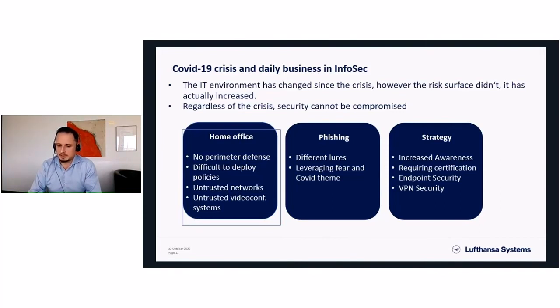And what is the other issue associated with the awareness is, now when we lost the perimeter defense, people are actually connecting from unsecured networks. Of course, now we have secured our endpoints, but how do we secure the network? Yeah, with VPN. But VPN was always there, but now we need to make sure that we really use state-of-the-art protocols.